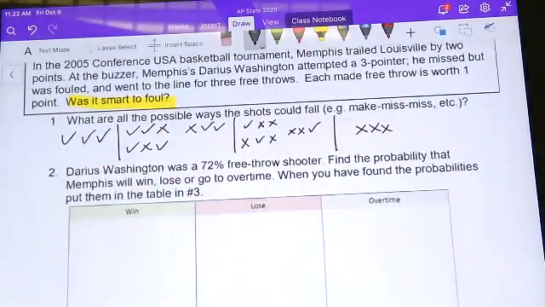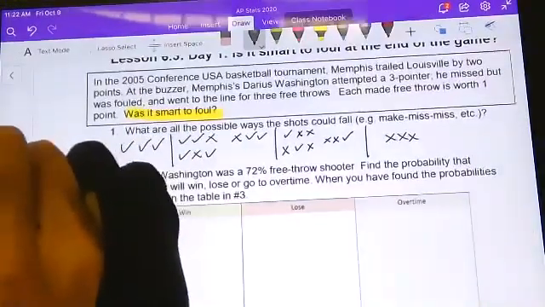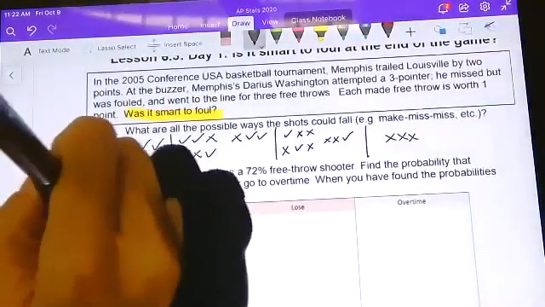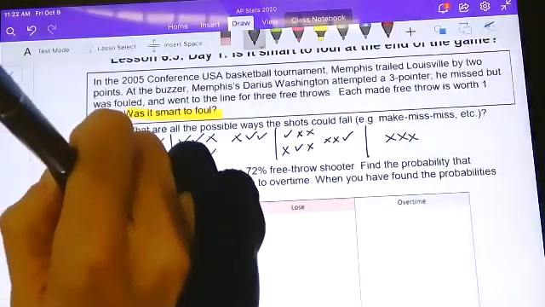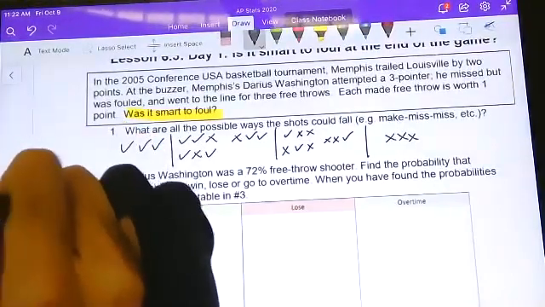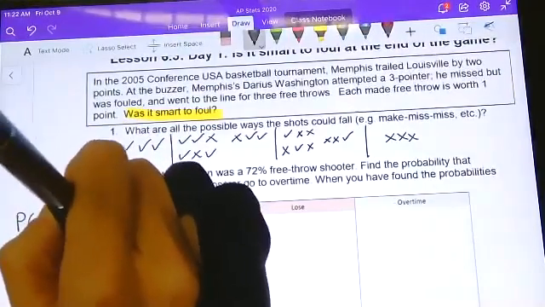So Darius Washington was a 72% free throw shooter. So that means that the probability that he makes any shot is 0.72, and the probability that he misses any shot would be 0.28.